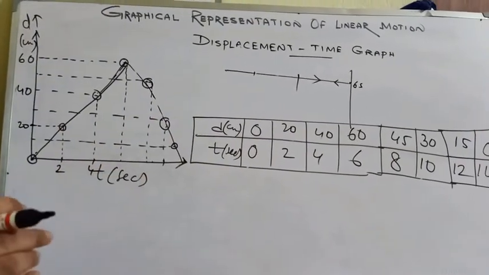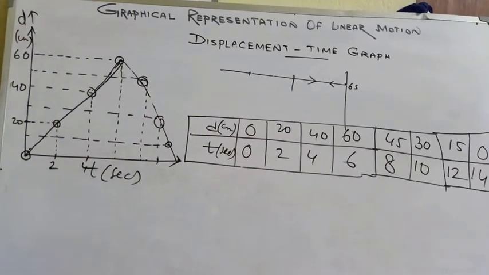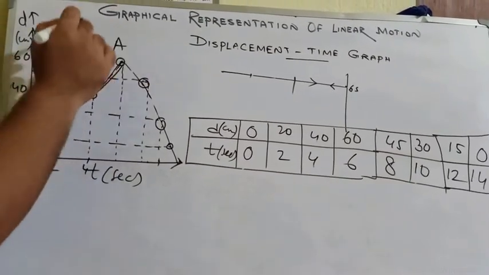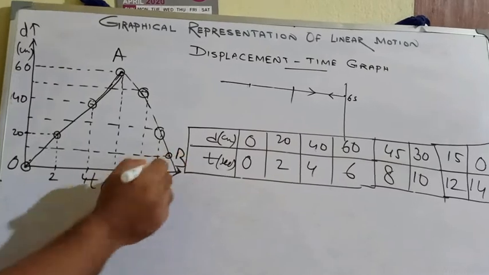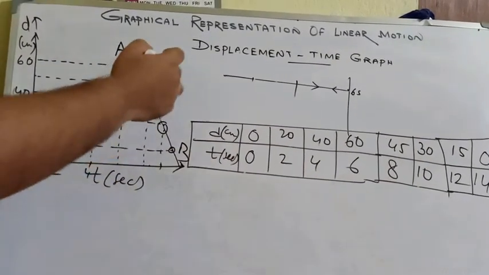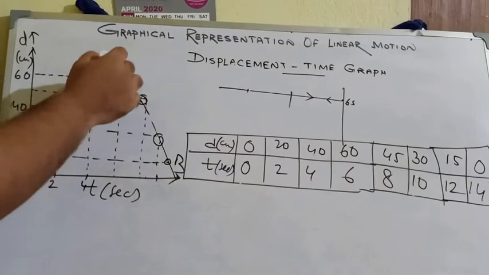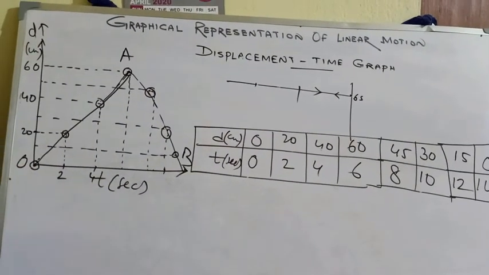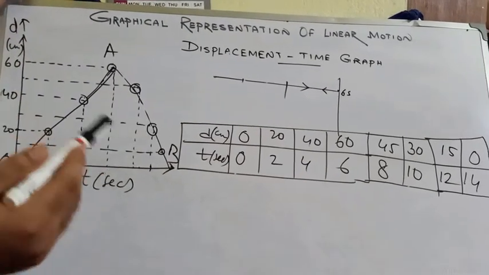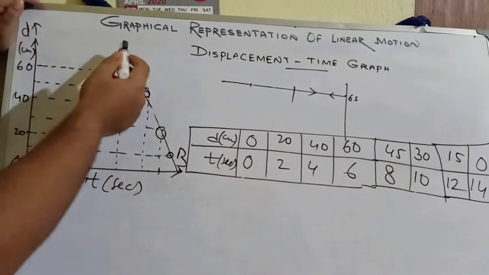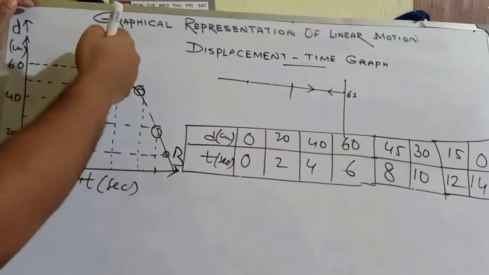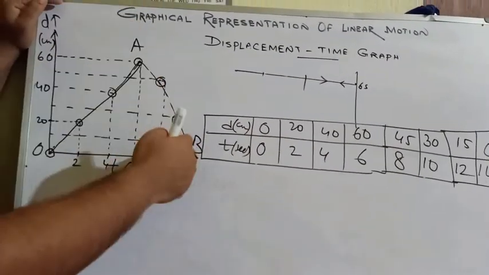Okay. From here also, the slope of this line, let it take O, this is A, and this one is B. The slope of the line OA, see, it is a positive slope. At first I told you, if the slope is positive, the body is going away from the origin, and if the slope is negative, the body is coming towards its destination.